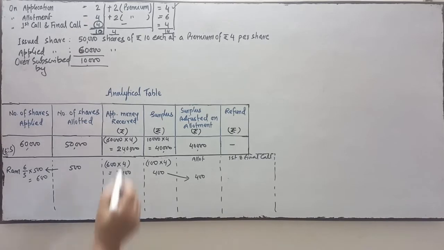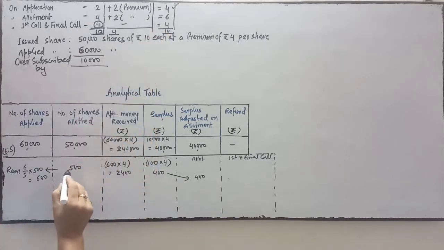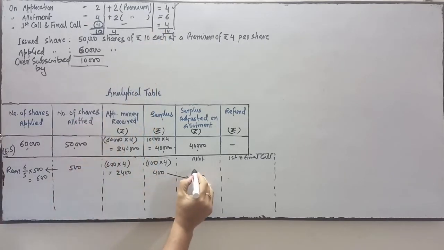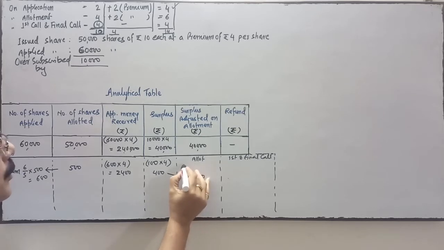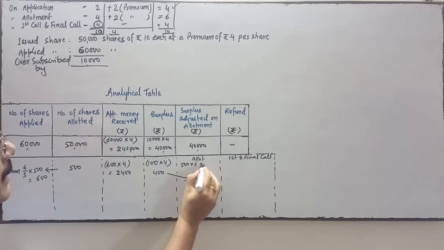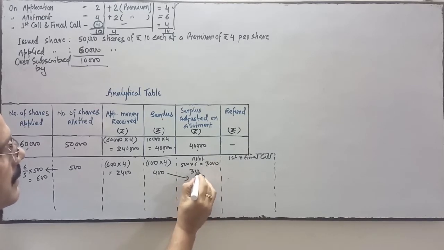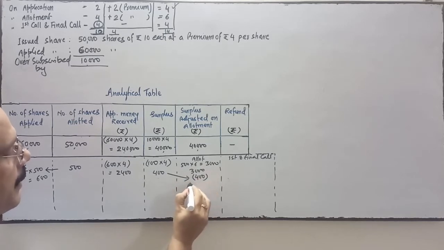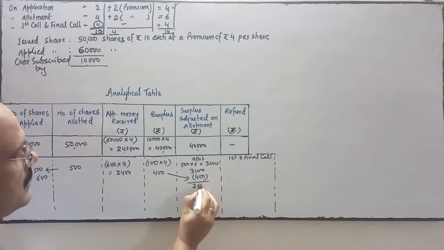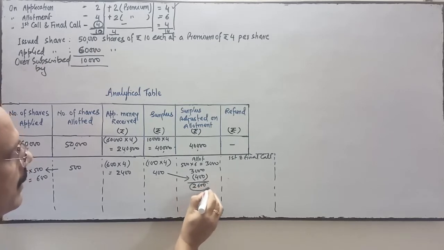So allotment money is how much? Allotment is 6 rupees, 500 into 6, so it is 3000. So 3000 minus 400, the actual arrear is 2600 on allotment.